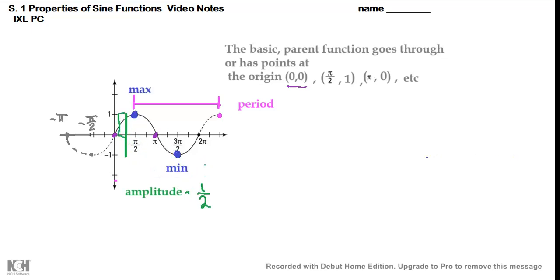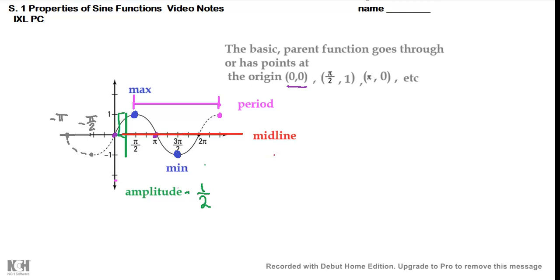Next, which I've already been talking about, is the maximum. The maximum height of the graph only goes to when y is equal to 1, and its minimum is when y is equal to -1. And lastly, I believe, is the midline, here in red.